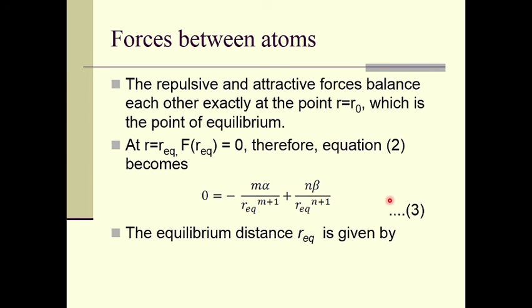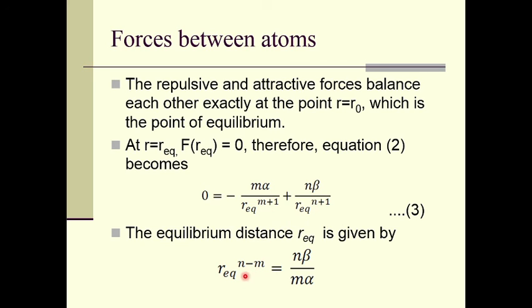The equilibrium distance r equilibrium is given by, so in order to calculate the r equilibrium distance, we can calculate it by rearranging the terms. If I take this term on the right hand side, it becomes positive, and I write r equilibrium raised to m plus 1 upon r equilibrium raised to n plus 1 equal to n beta upon m alpha, right.